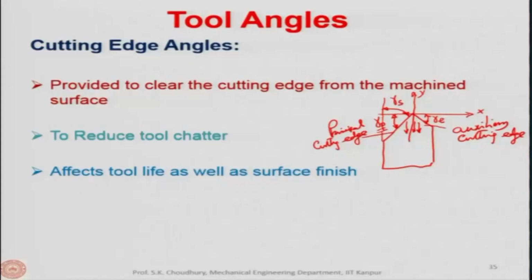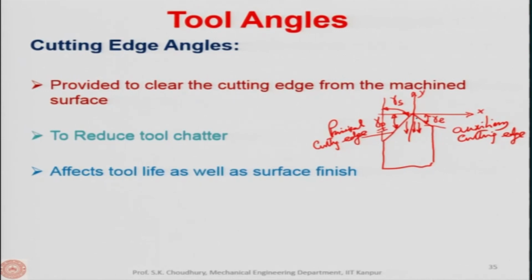Chatter is the self excited vibration, where the source of energy comes from within the system, not from outside. When the source is from the outside, it is forced vibration and so on.